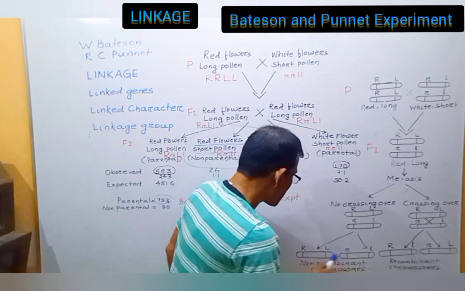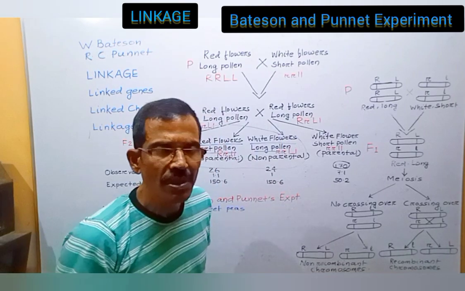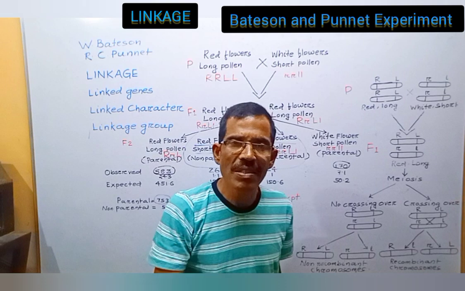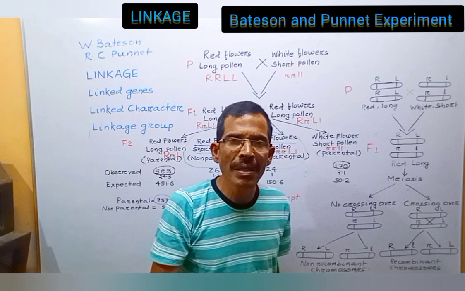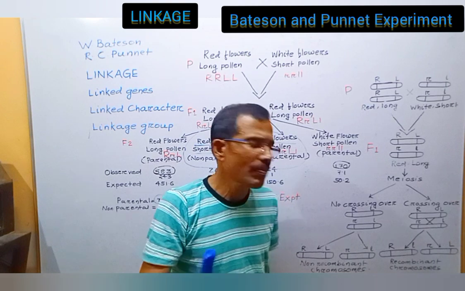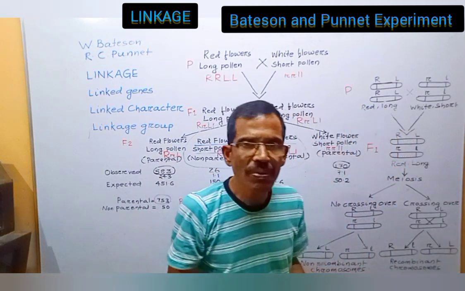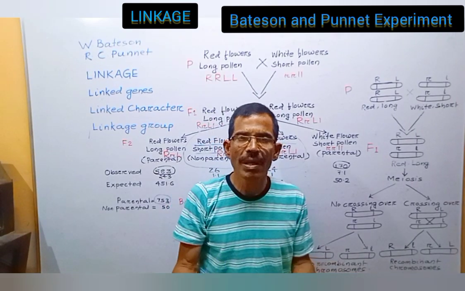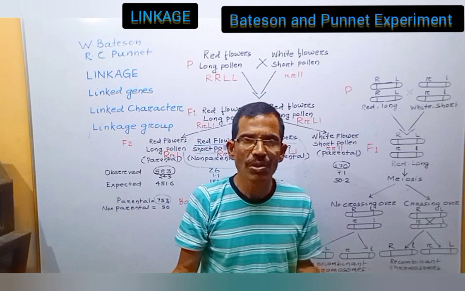In both of these gametes, the chromosomes are non-recombinant chromosomes, but once in a while crossing over occurs between the two genes, and alleles recombine, resulting in the formation of recombinant gametes. However, the frequency of recombinant gametes depends on the frequency of crossing over between these two genes.